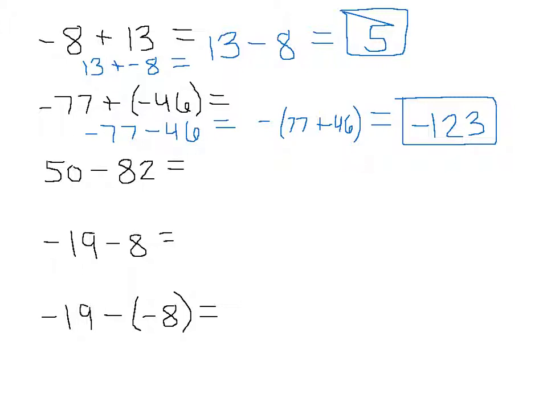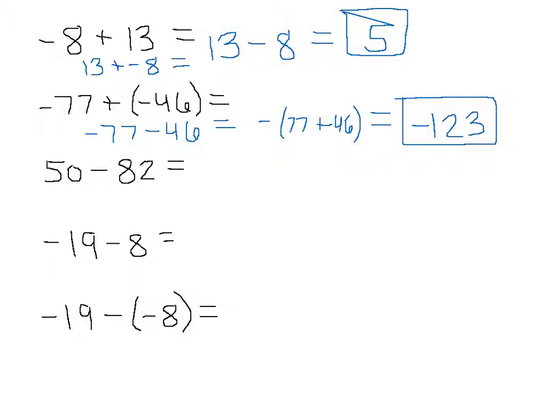So this next problem right here is set up kind of like this problem after we switched it, except the bigger number is negative. Because there's a negative symbol before the 82, this is a negative. This is something that we can actually type into our calculator. Now, because this is a positive number and this is a negative number, the negative number is bigger.